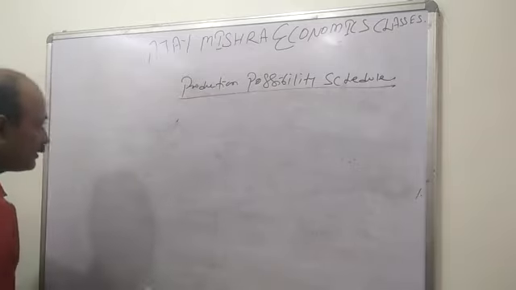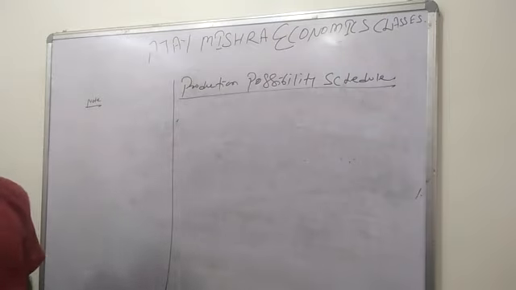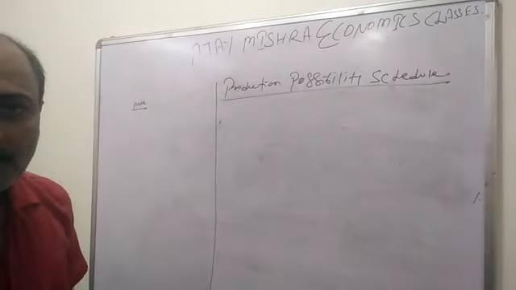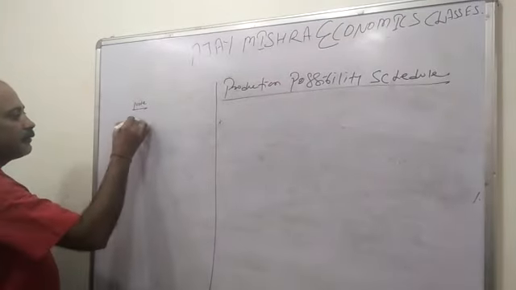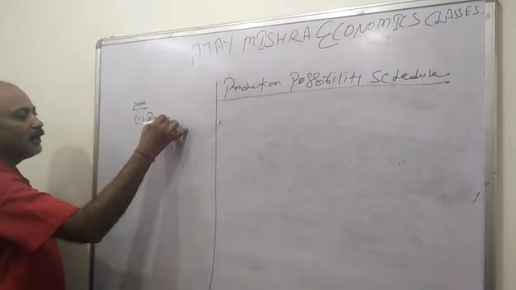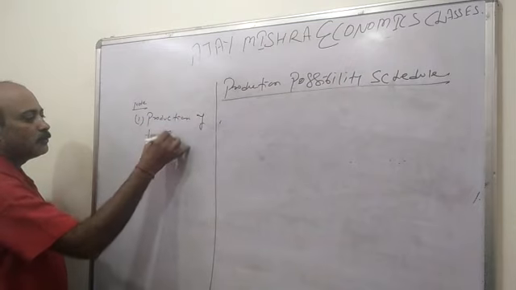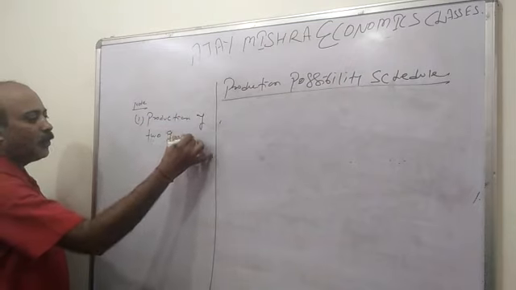For that purpose, note, we need to remember one thing. What do we need to remember? First of all, production of two goods only.